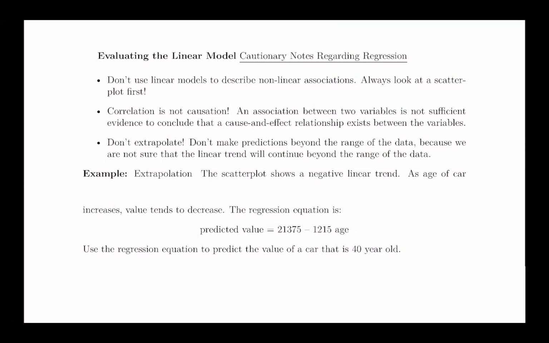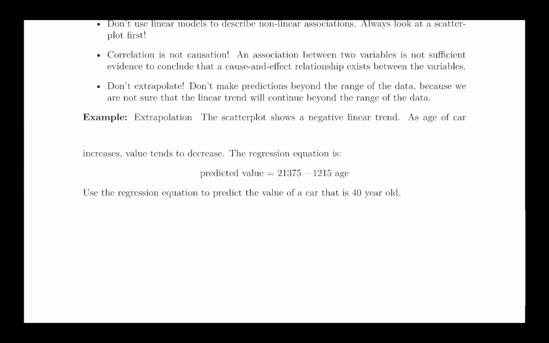To demonstrate that, we're going to do this problem. We're still using the model to make a prediction about the cost of a car. But for this one, I want you to predict how much a car should cost if it's 40 years old. So make that prediction right now for me.